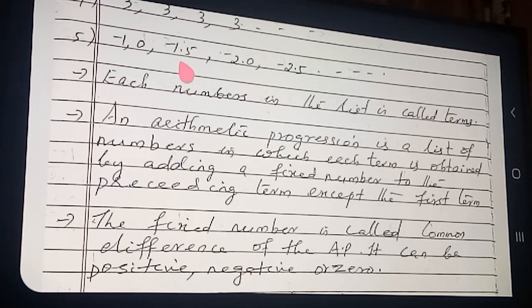Minus 0.5 added. Again minus 0.5 added, and you get this one. Again minus 0.5 added, and now you get this one. So a fixed number is added to the preceding term, the previous term, to get the next term. To this first term, minus 0.5 is added, and to the next term, minus 0.5 is added again, so you get minus 2, etc.